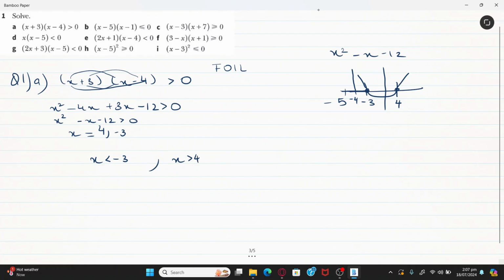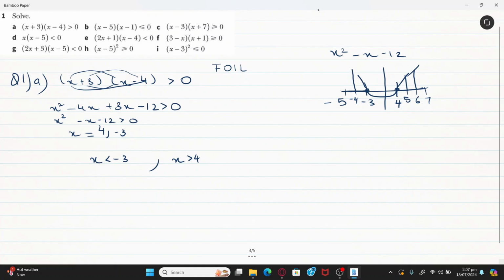We are going to say x is lesser than -3, but you can also say x is greater than 4. How can we say that? Because whenever we go after 4, 5, 6, 7, whatever, we are going to get a positive value, meaning the graph is above the x-axis and the value is greater than 0. And for the values which would be lesser than 0, it would be these points.